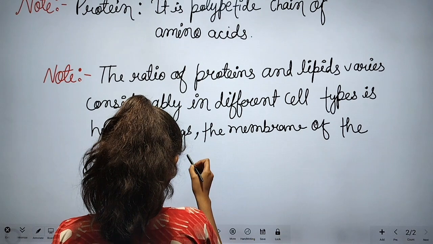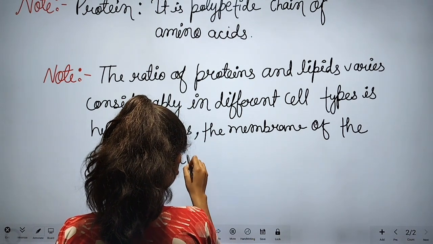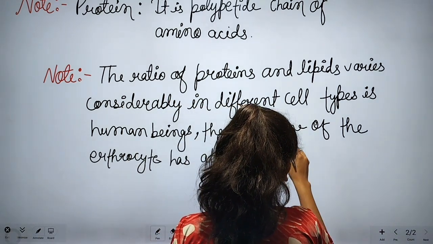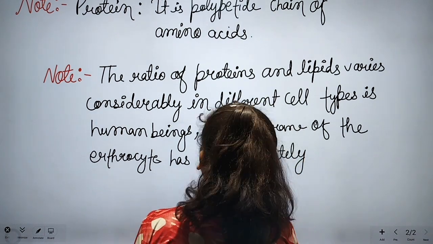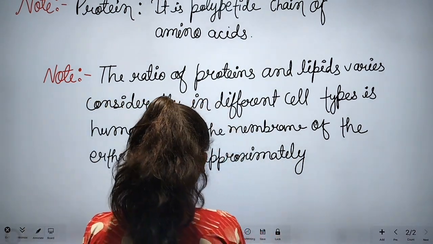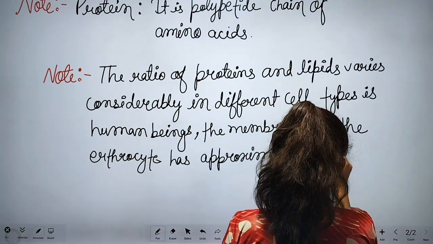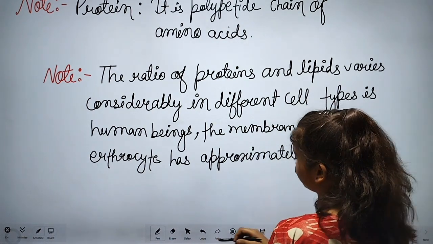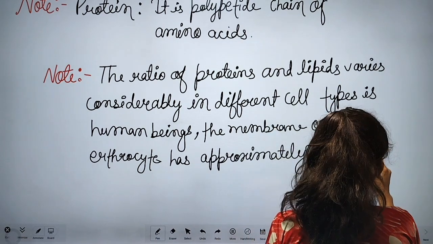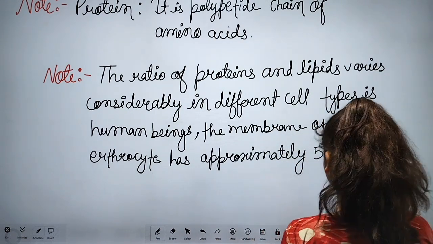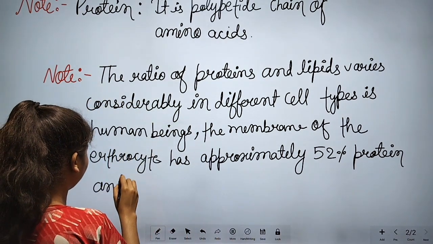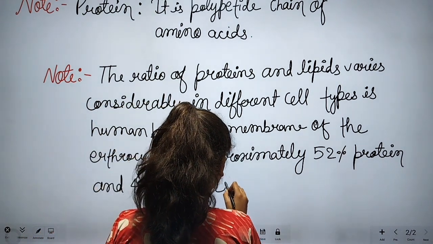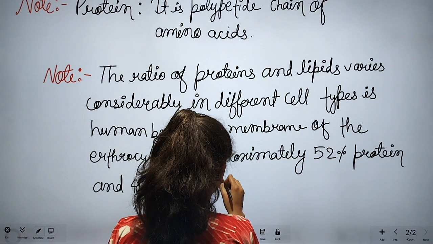The human being erythrocyte has approximately 52% protein and 40% lipid.